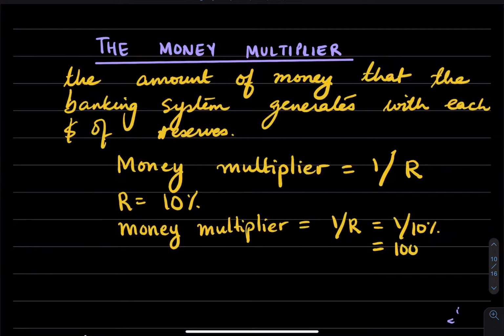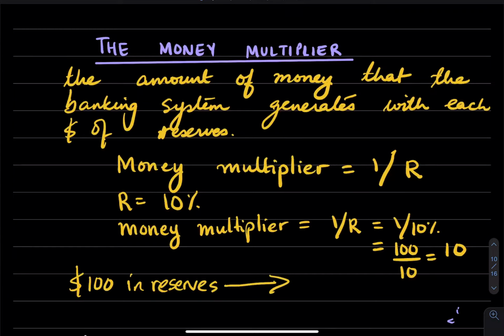So 100 would come to the numerator, and this would be divided by 10. So the money multiplier is 10, which is to say that if we started with $100 in reserves, we would generate 10 times the amount of money. So $100 in reserves would generate $1,000 in money. And that is the idea of the money multiplier.